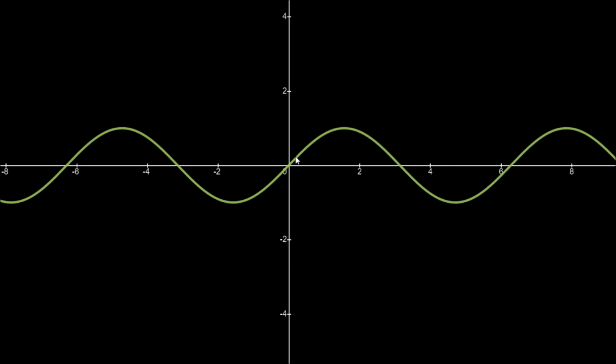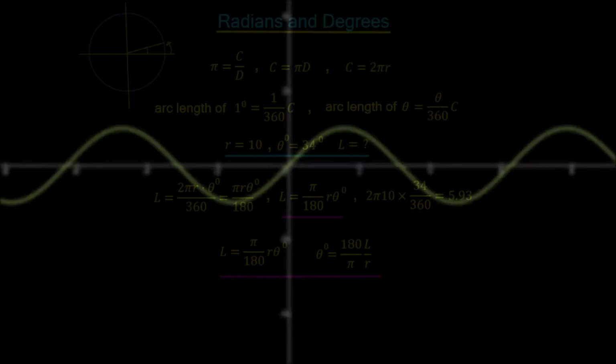So that's us back into radians, and it repeats every 6.28. So radians just change the scale on this x-axis. Now there are other, more important reasons for using radians other than this. So let's go ahead and see why it is that we use radians rather than degrees.